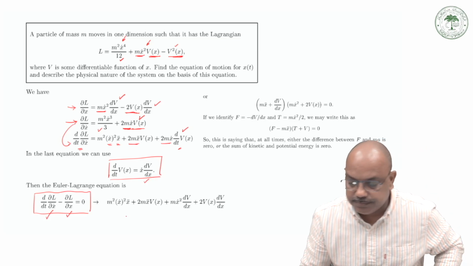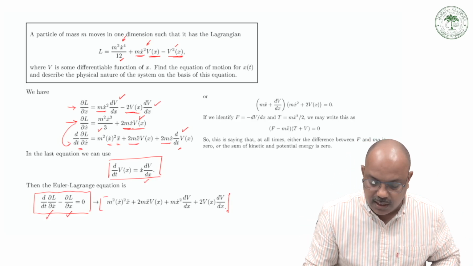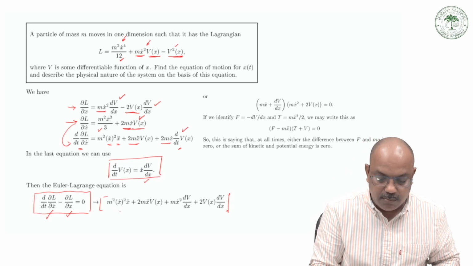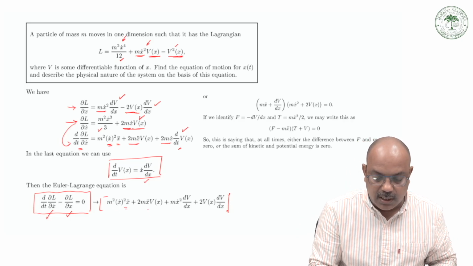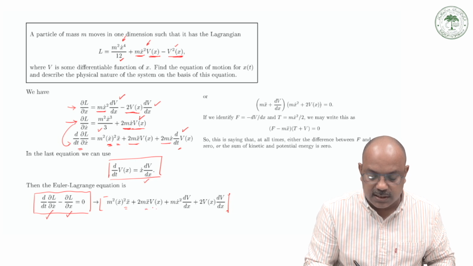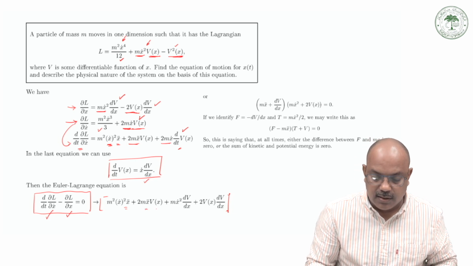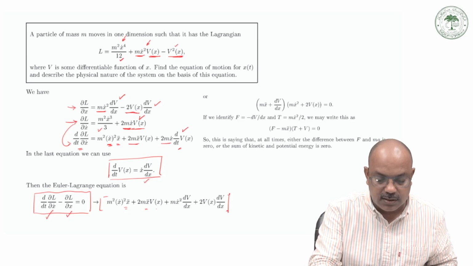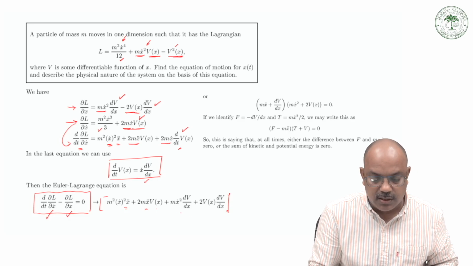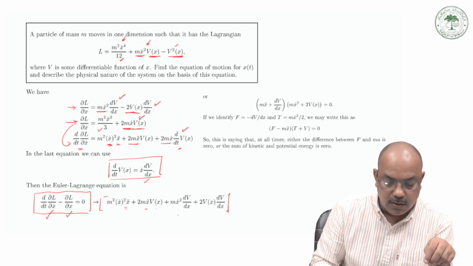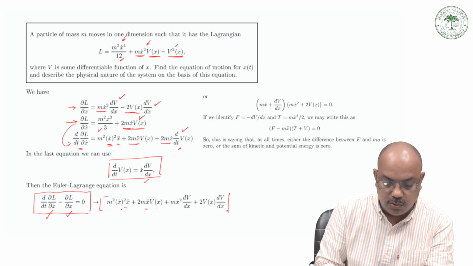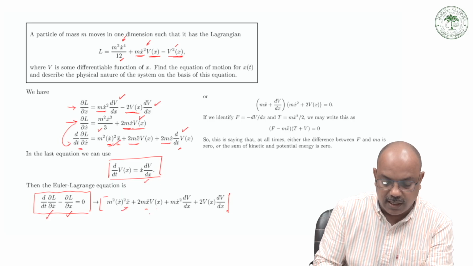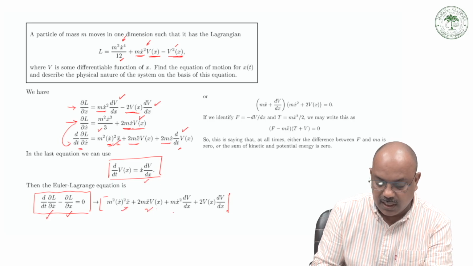So this term has been rearranged, and you can see that it is m² x dot x double dot, and twice m x double dot V(x), and then from here you have m x², so m² x dot x², and twice m x dot V(x), and m x dot square, and then m x x dot square dV/dx.